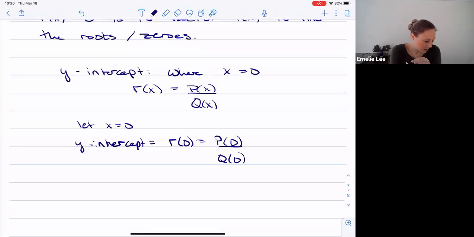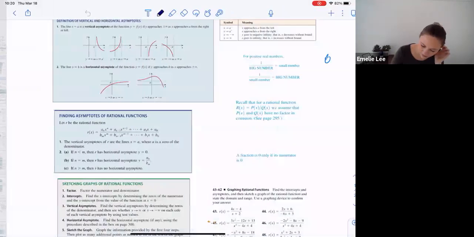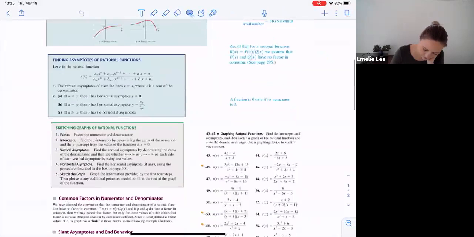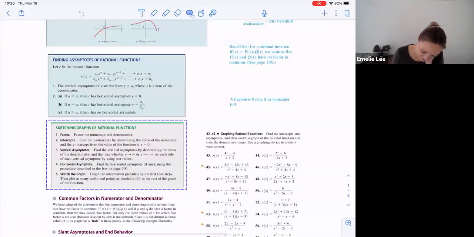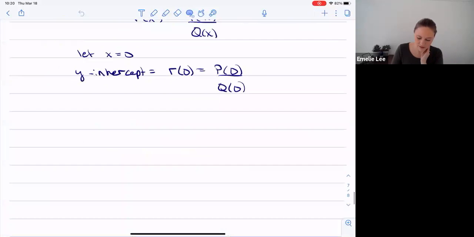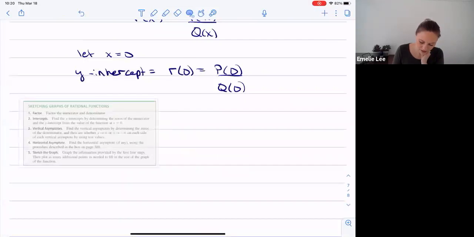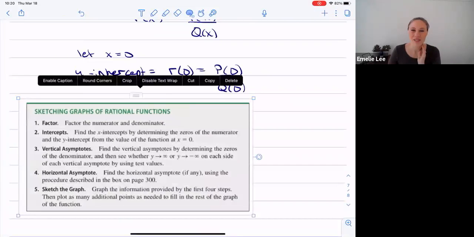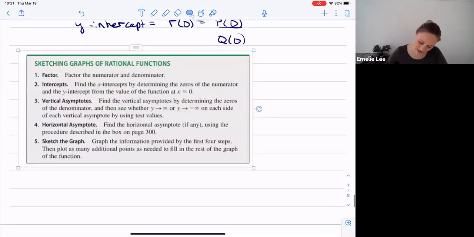Okay, I think we're ready for the steps. So a lot of steps. What's nice for you guys is that typically, if we were meeting in person, I would make you actually sketch a graph on a test.